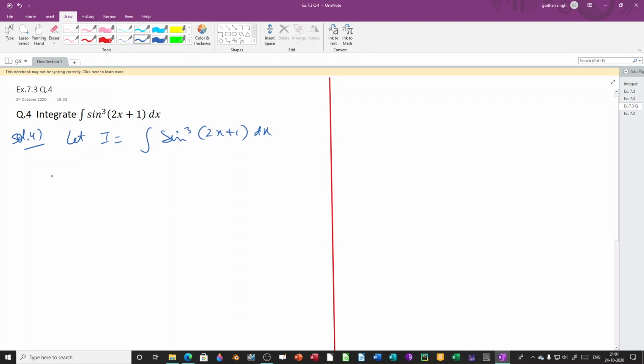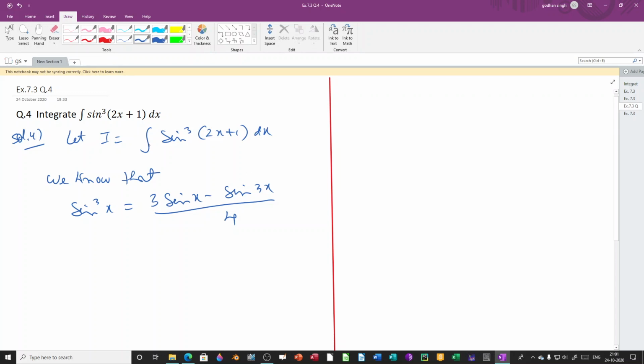First let us write down the formula. We can write sine cube x in terms of sine 3x as 3 sine x minus sine 3x over 4.